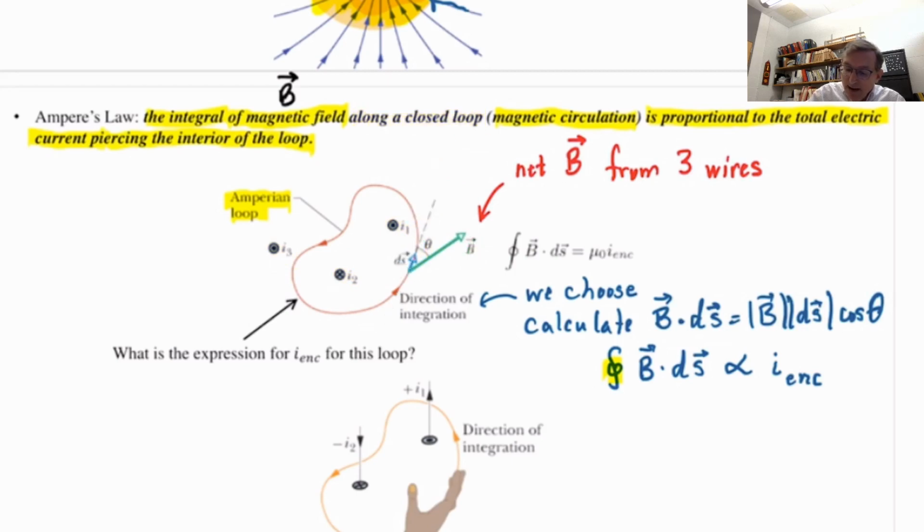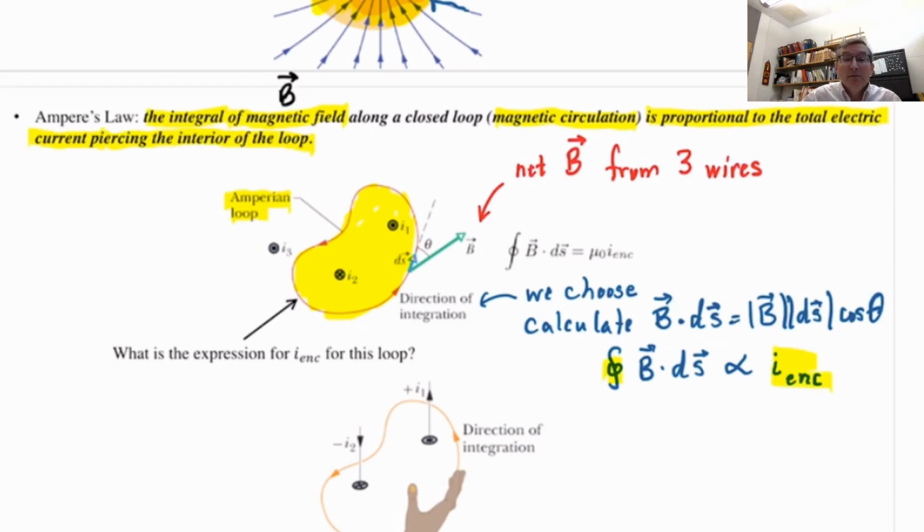You've got to imagine the area inside the Amperian loop that has been chosen, almost like a kind of membrane. And you've got to account for all of the current that pierces that membrane going through it, because that's what goes on the right side here, I enclosed or encircled.